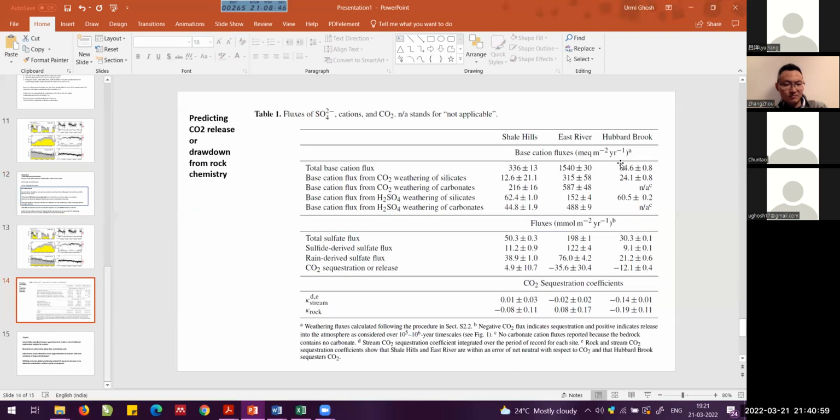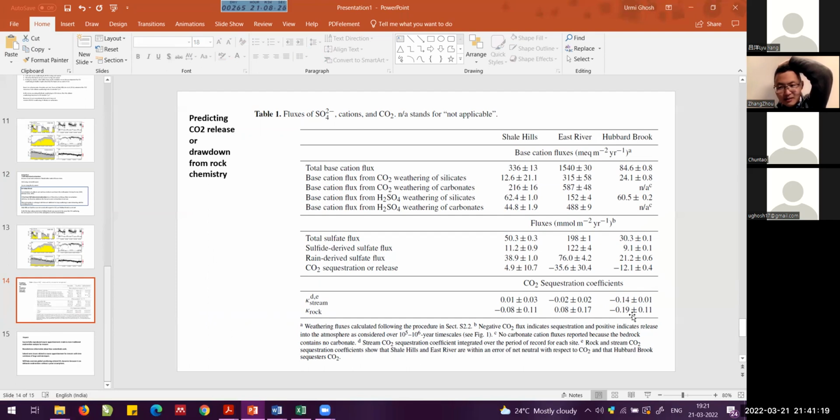For the Hubbard Brook group, but for the previous methods, how did people make this calculation? Did people also use a similar approach to the way they do? I'm not sure, because I haven't, if it did the same hydro work, then yeah, I don't know. Maybe Scott knows.